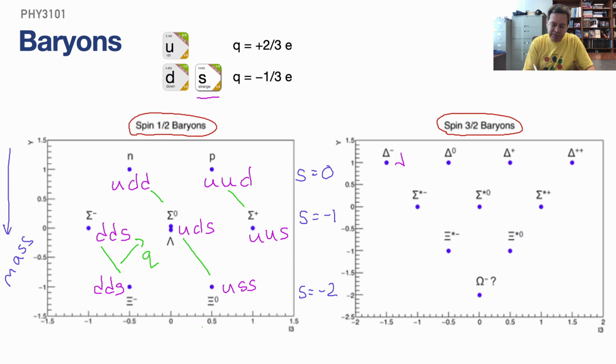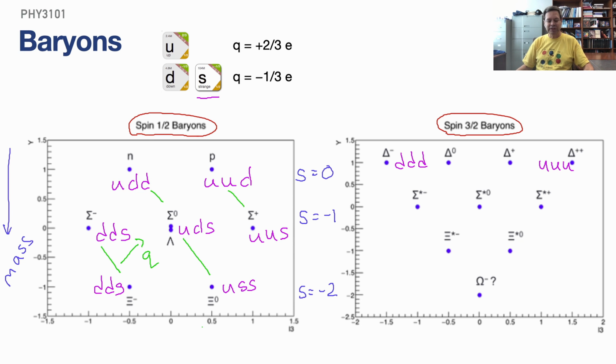Down, down, down, right? -1/3, -1/3, -1/3 gives me -1 unit of e. Likewise, the far right side, the delta plus plus, would be up, up, up. 2/3, 2/3, and 2/3 gives me 6/3, which is 2 units of electric charge at e.